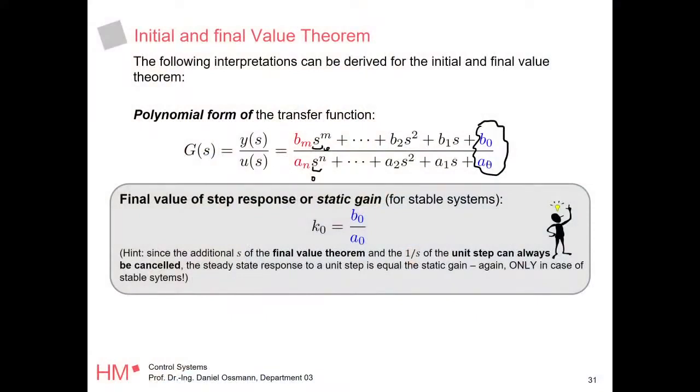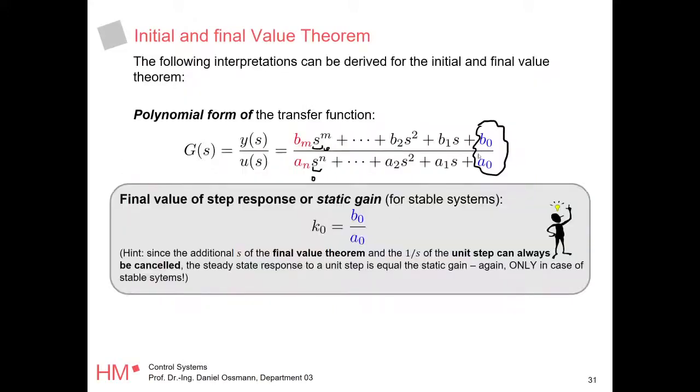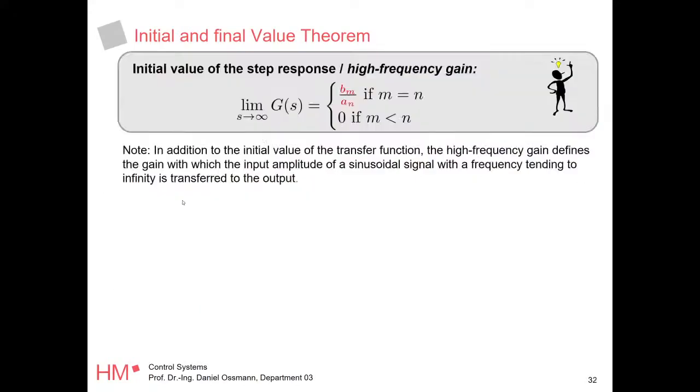If we look at the lowest terms of s, we can also look at the highest terms of s, right? These are written here in red, and this is the so-called initial value of the step response, right? See, the blue ones are the final value to a unit step, and the red ones are the initial value.